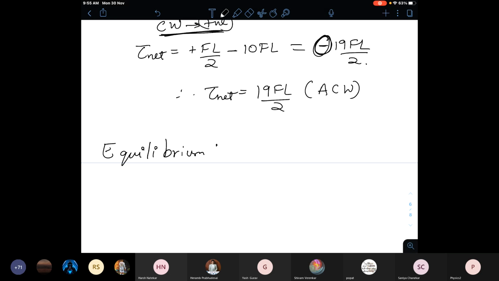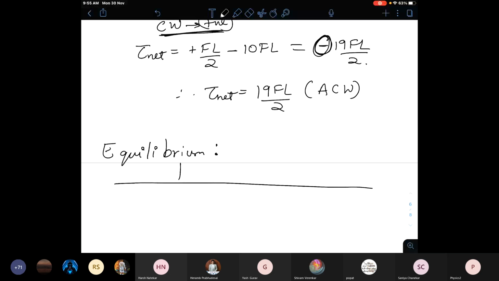Equilibrium. Everybody already knows that equilibrium is that the net force becomes zero. But that is only a part of the equilibrium. That is only linear equilibrium, only translatory equilibrium. Now when we are discussing equilibrium, there will be three types of equilibrium.